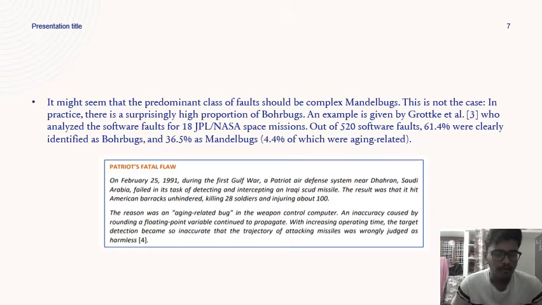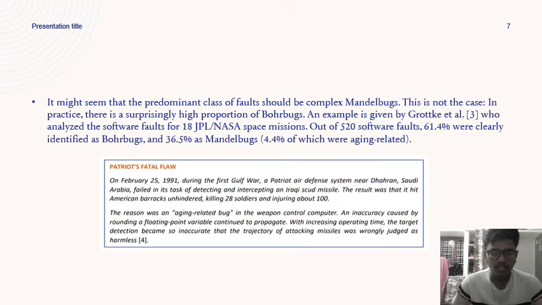Patriot's fatal flaw. On February 25, 1991, during the first Gulf War, a Patriot air defense system near Dhahran, Saudi Arabia failed in its task of detecting and intercepting an Iraqi Scud missile. The result was that it hit American barracks unhindered, killing 28 soldiers and injuring about 100.